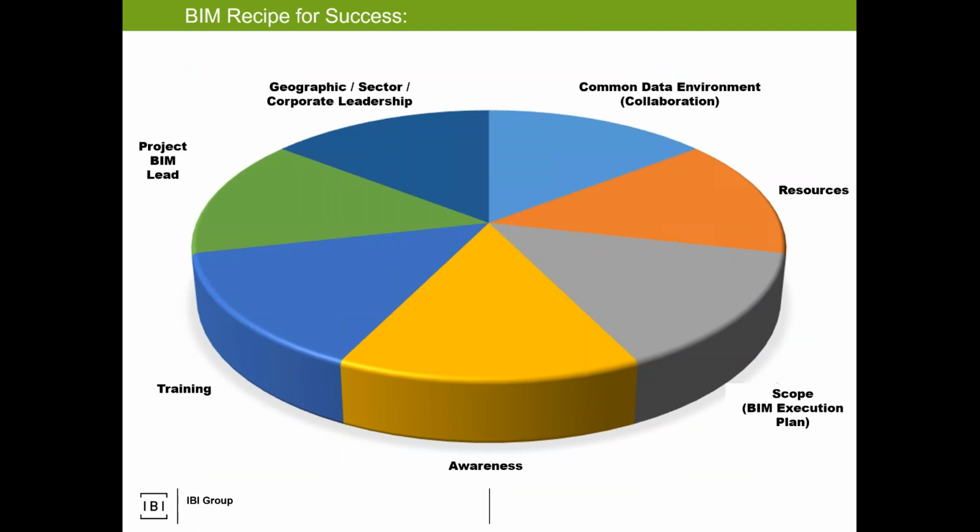The recipe for success, if you go around here, each of these are equal, and notice I have scope there, the BIM execution plan, defining what you're BIMing and why you're BIMing it. But everything else around is important. Having the resources to model, the ability to collaborate. In the UK, they call that a common data environment. So we're making all of these models, these data-rich things. Where do we put them? Are they sitting on my computer?